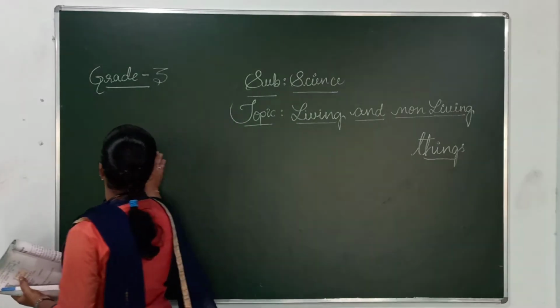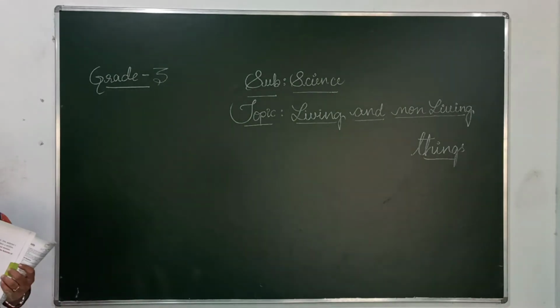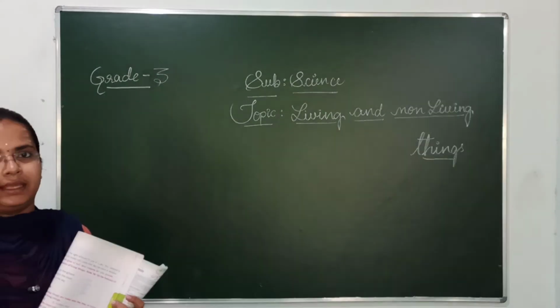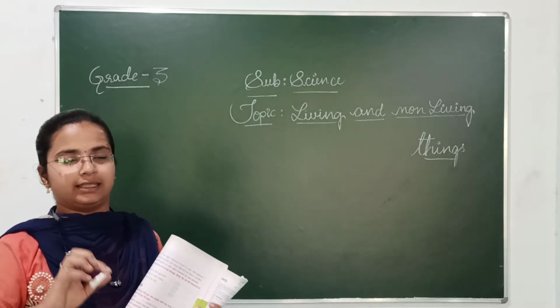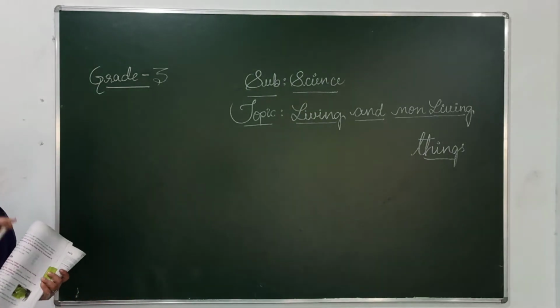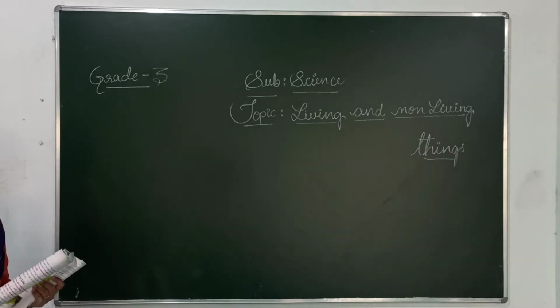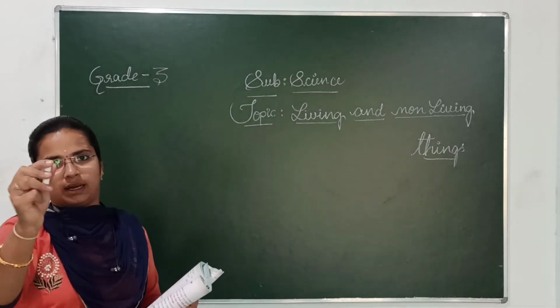As I told you, by using characteristics of living organisms, we can give the difference between living and non-living things. Now, I will not give just one, I will give many examples, many differences between living and non-living things.